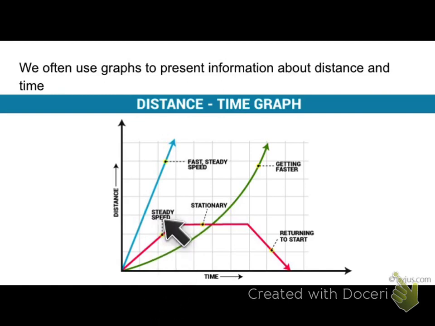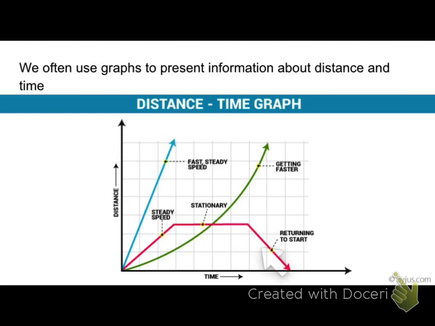If you have one that is steeper than the other, so for example, this line is much steeper than this line, it's still going at a constant speed, it's just faster than this speed. If you have a flat line, that means the object is not moving. Because if you think about it, this is distance. If their distance isn't changing and only the time is, they're not moving, are they?